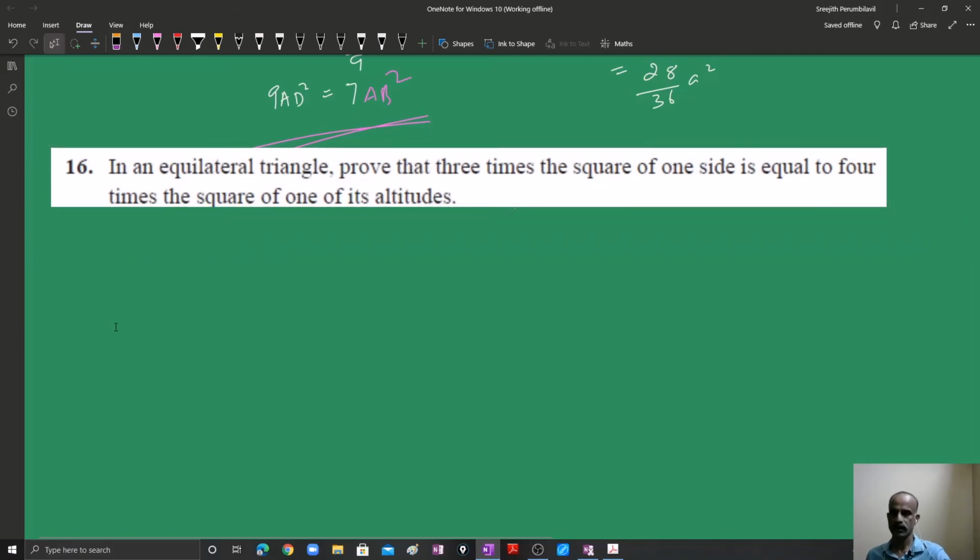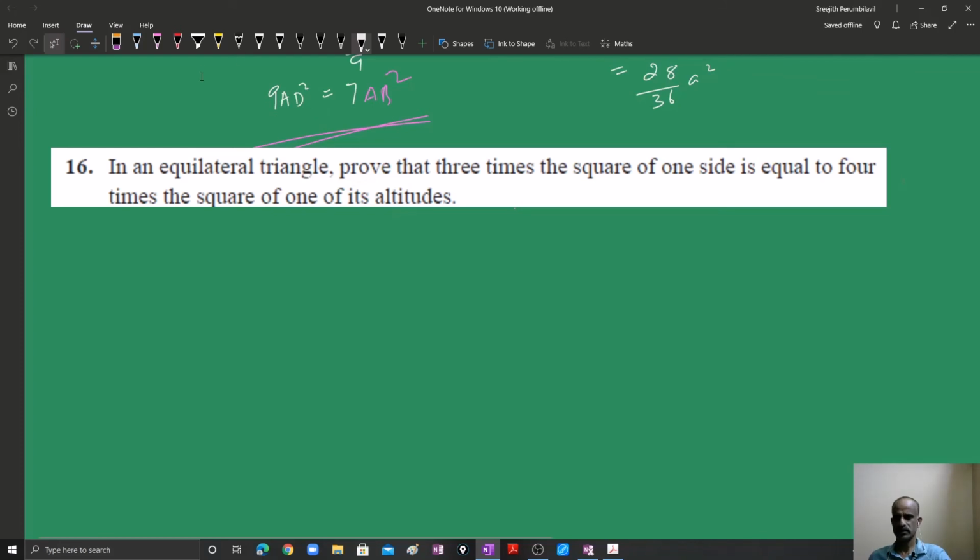In an equilateral triangle, prove that 3 times the square of one side is equal to 4 times the square of one of its altitudes. So there is again a question based on an equilateral triangle. So we need an equilateral triangle.